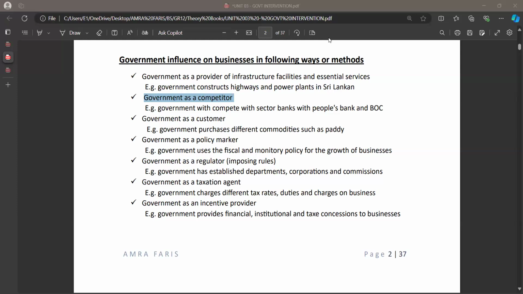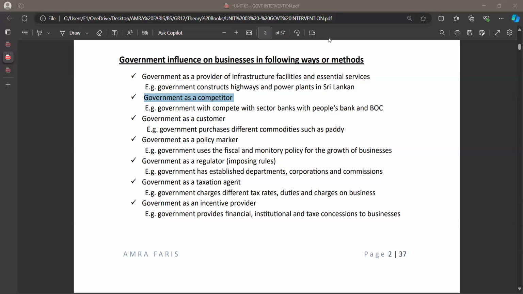They will keep very high prices and cheat the customers. To stop that monopoly, the government sometimes acts as a competitor. One example is the banking sector, People's Bank and BOC competing with the private sector banks.